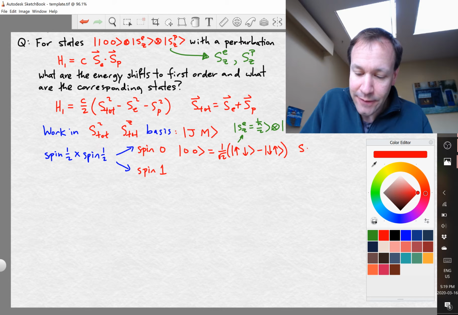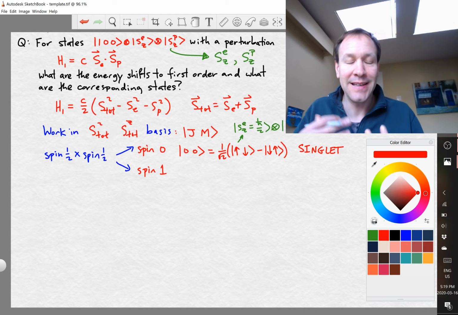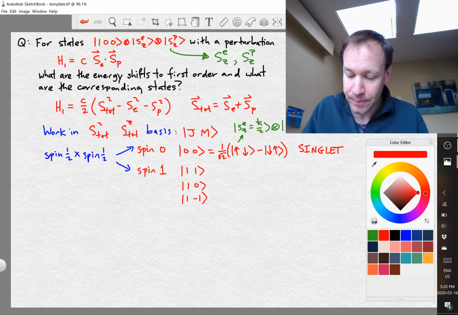The jargon for that, people often call that the singlet state of the two-spin system. And then the other states, they have spin 1. So our other basis elements are going to be the 1,1 state, a 1,0 state, and a 1,-1 state.